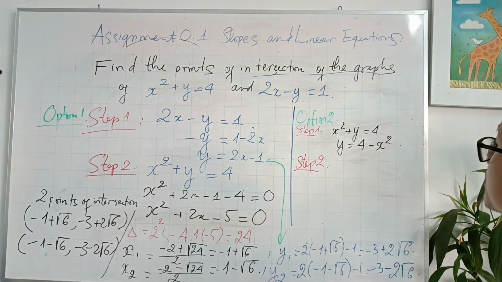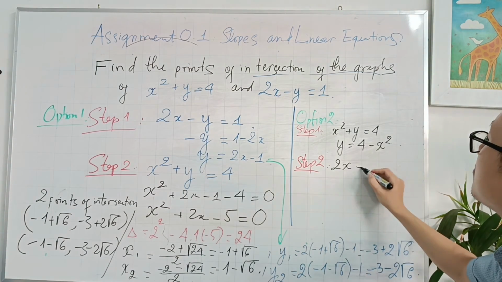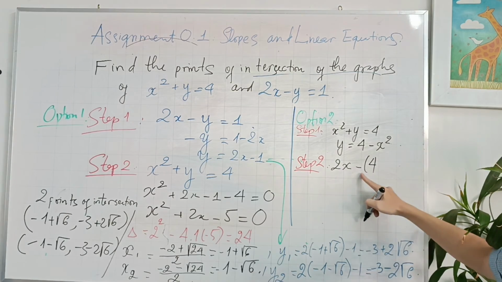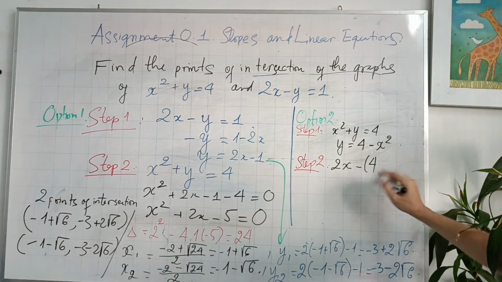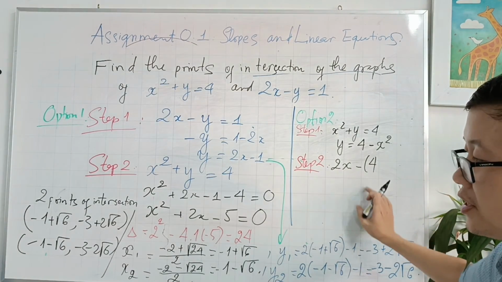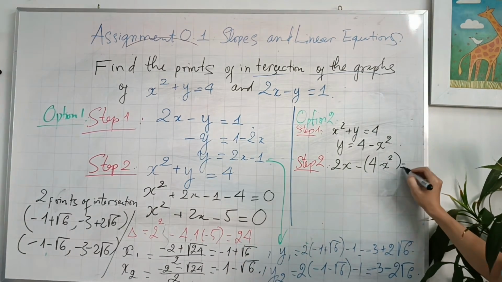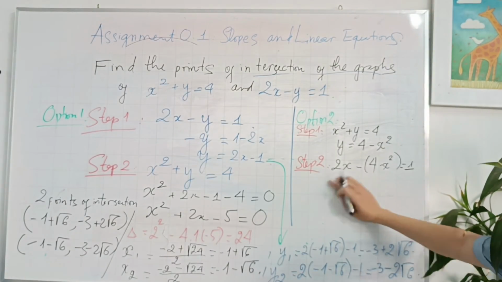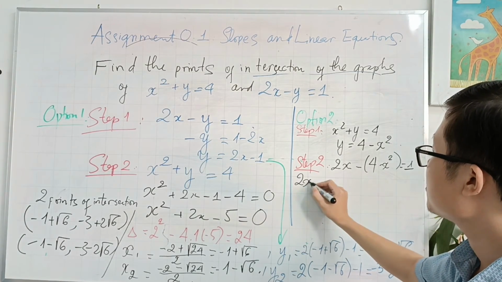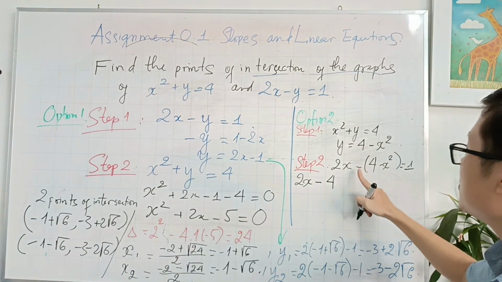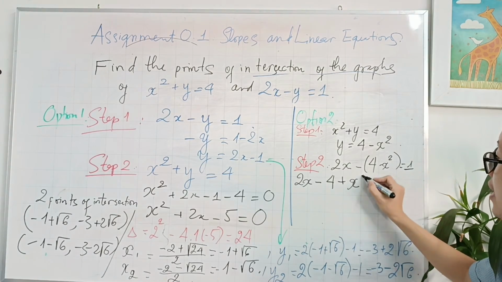So you have 2x minus y. You must open parentheses here. Lots of students don't remember to put a parenthesis here, so it will give you a wrong answer. 2x minus (4 minus x squared) equals 1, and you distribute the multiplication, expanding the equation: we have 2x minus 4 plus x squared.